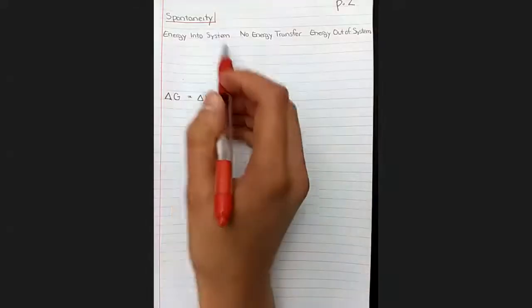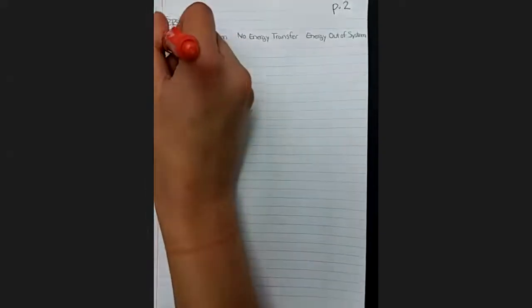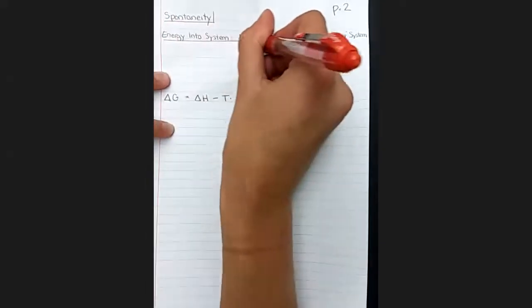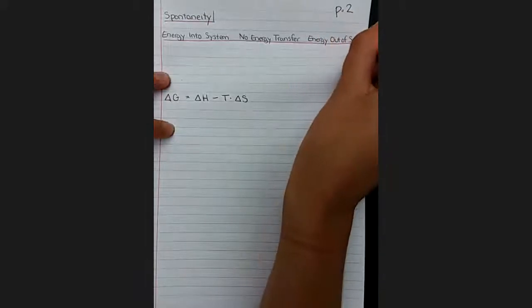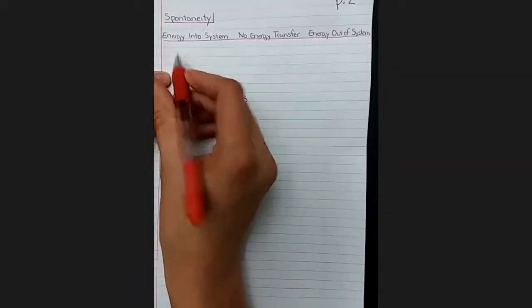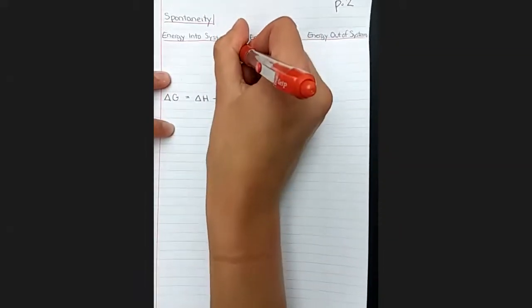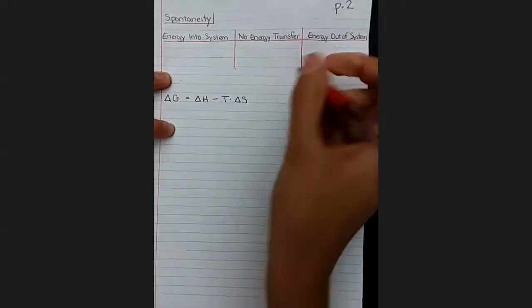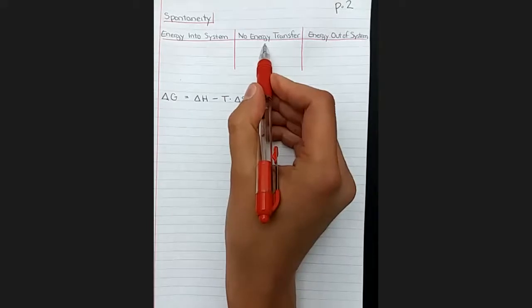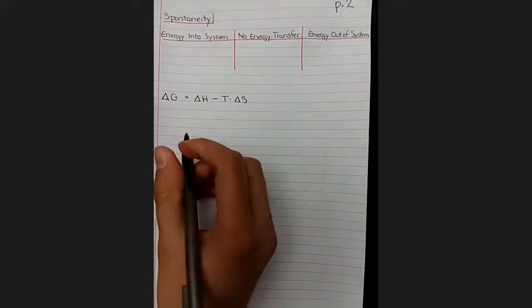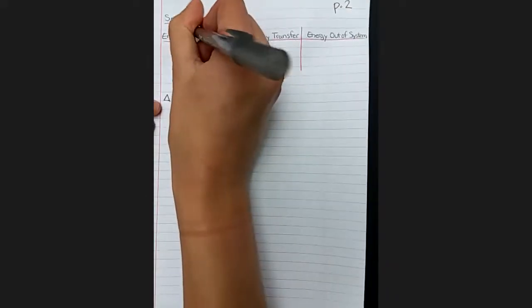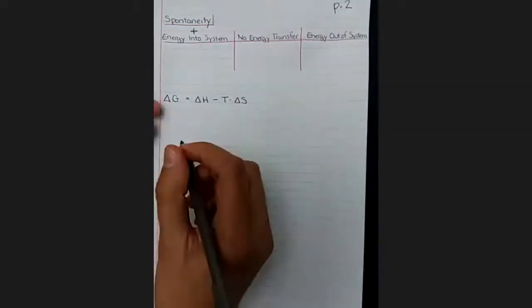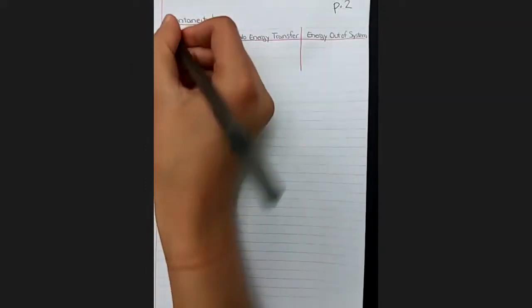So we've made tables that look like this before in a couple of the previous videos about the thermochemistry chapter, where we look at the sign of the variables for energy going into the system and going out of the system. And this time we're just going to add one more column for no energy transfer to clarify what that looks like. So energy into the system means we're going to have positive variables.